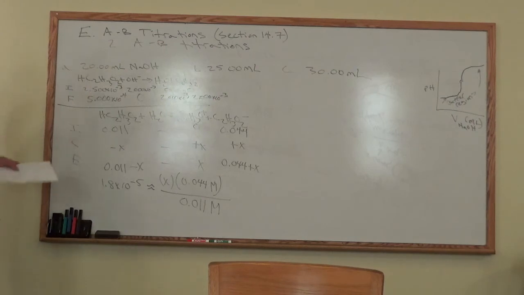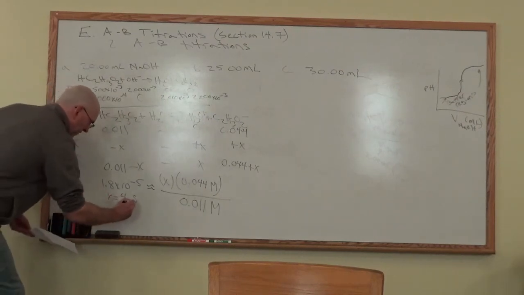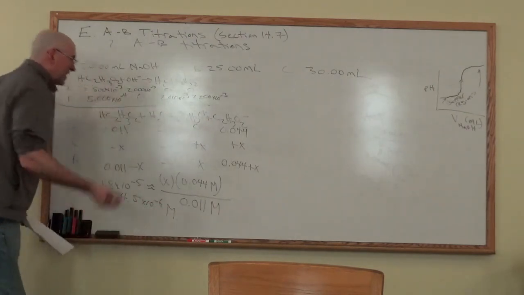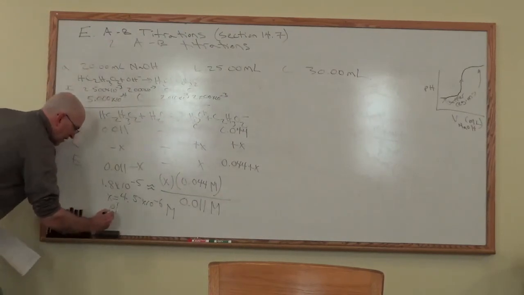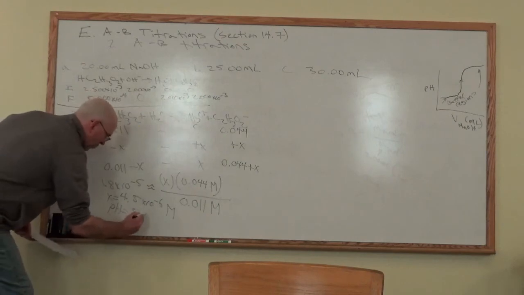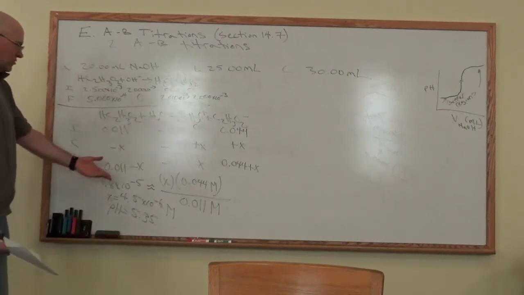Okay, solve for x, and I came up with x equals 4.5 times 10 to the minus 6th, and that's a molarity. Now what is x? Well, x is the H3O plus, so we just take the minus log of that, and the pH should be 5.35. And the 5% rule does work, but you check it yourself.